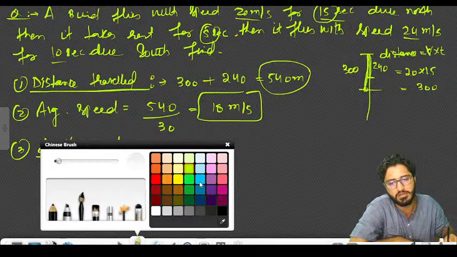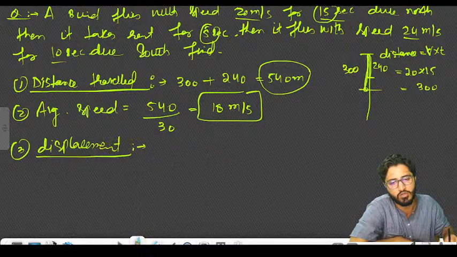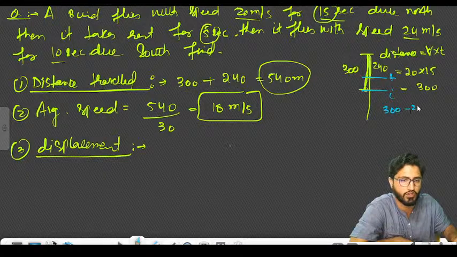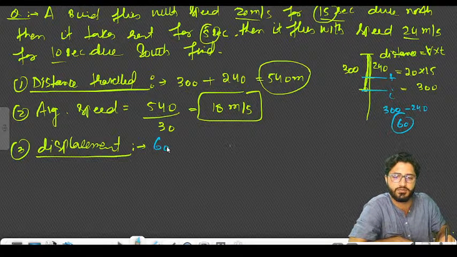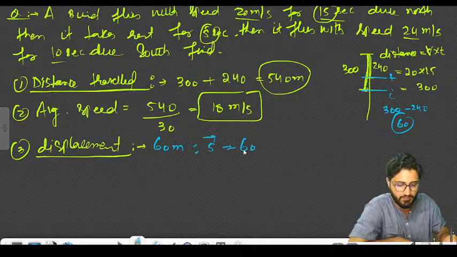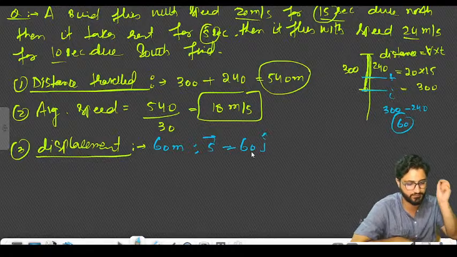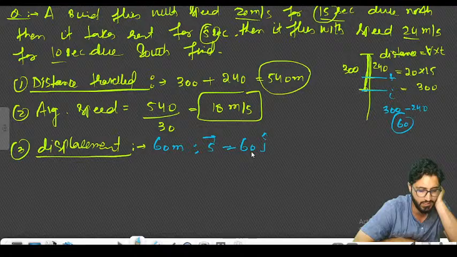Displacement means that the net of the two, right? That means, look, finally position is here. So is it 300 minus 240? Yes, sir. It is 60. It is 60 meters. If in vectors, it will be 60 j cap.